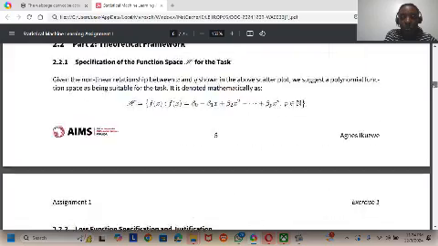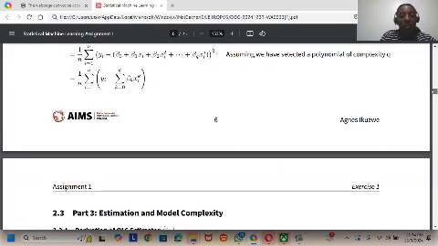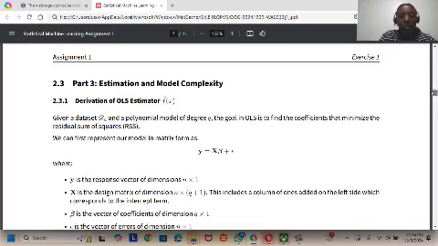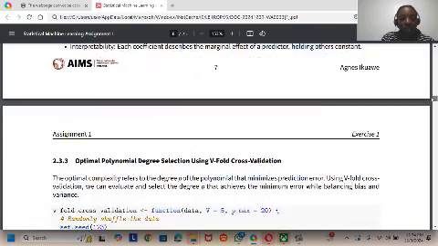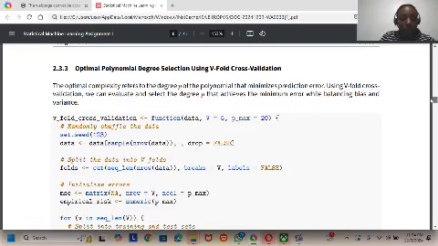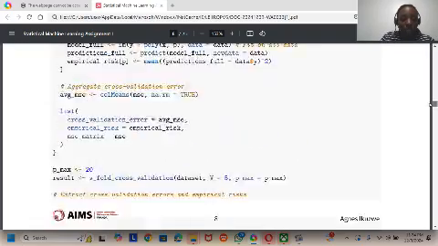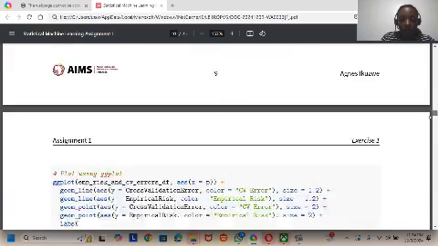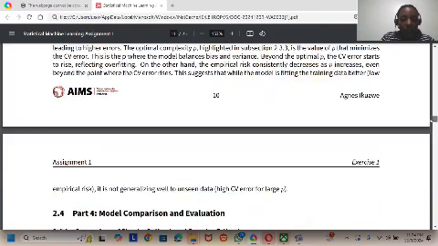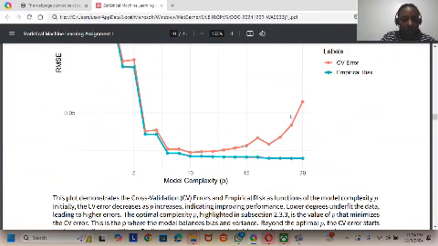I continue to perform some mathematical computation of the empirical risk of the loss function, and then I use cross validation error and empirical risk against model complexity p to illustrate how they behave. In the graph I have seen that cross validation error initially decreased as p increased, as you can see here, which shows better performance.